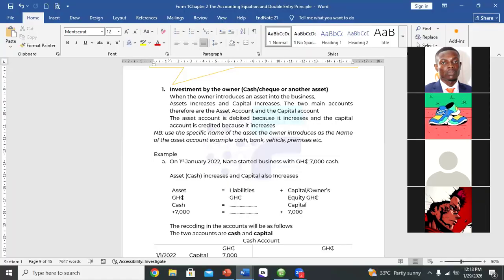Please let me know if you can see my screen. I think it went off a bit. So investment by the owner is the first transaction we are looking at. Please, would one of us read what we have under investment by the owner?